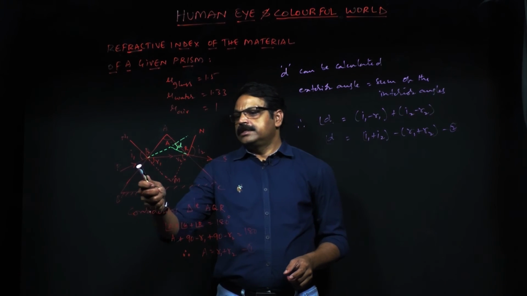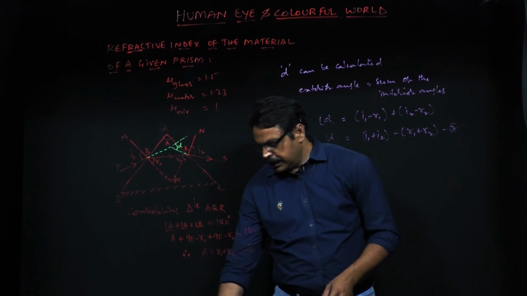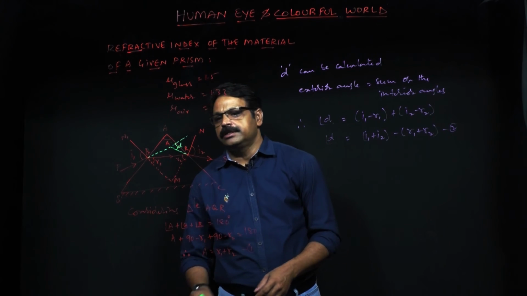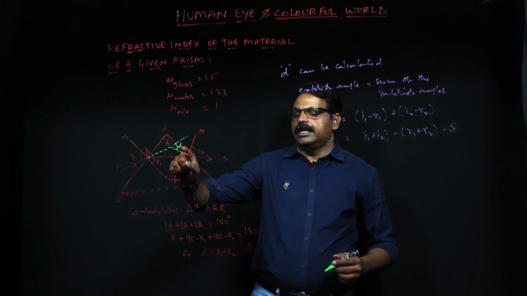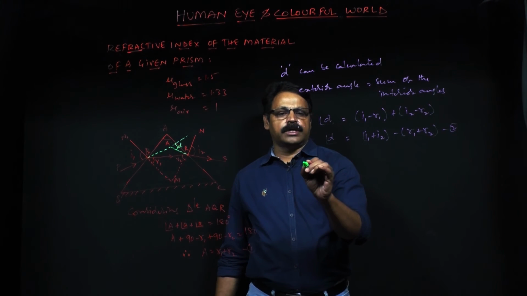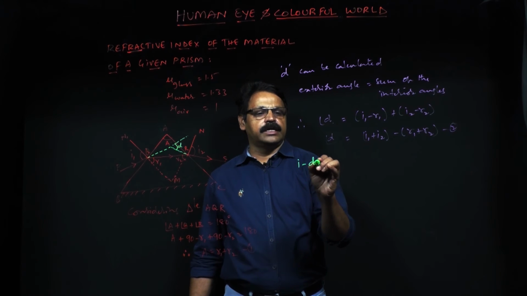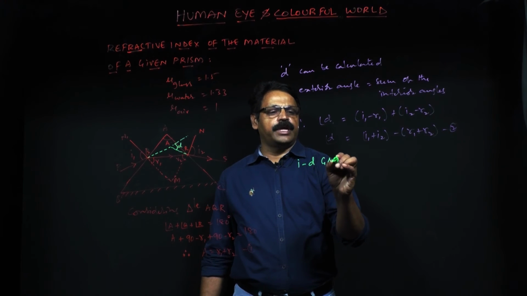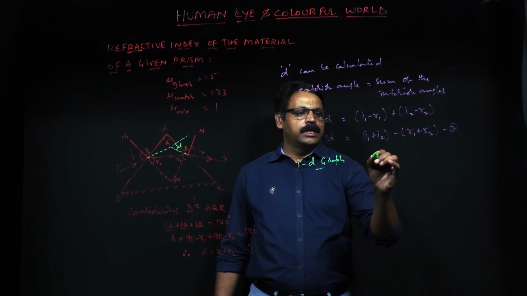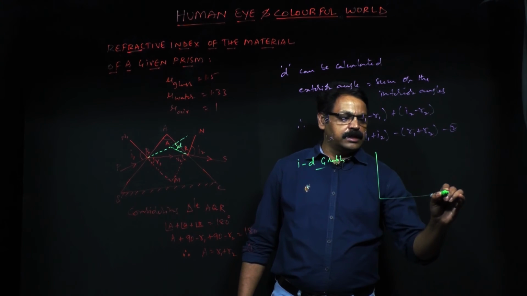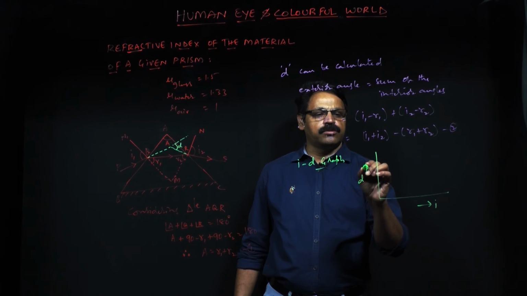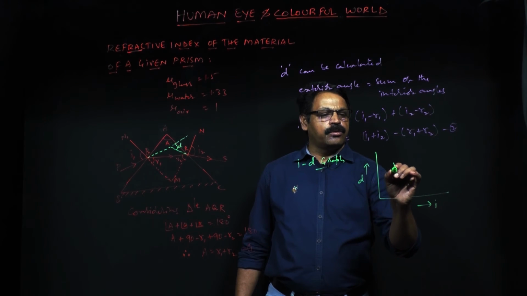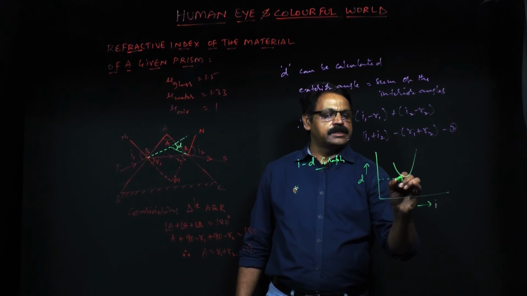If the incidence angle changes, then the deviation angle also changes. Initially, as I increases, D decreases. If you draw the graph between I and D, taking I on one axis and deviation angle on the other, it will gradually decrease first and then increase.